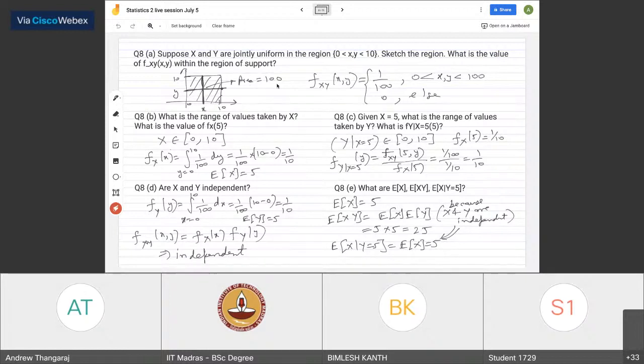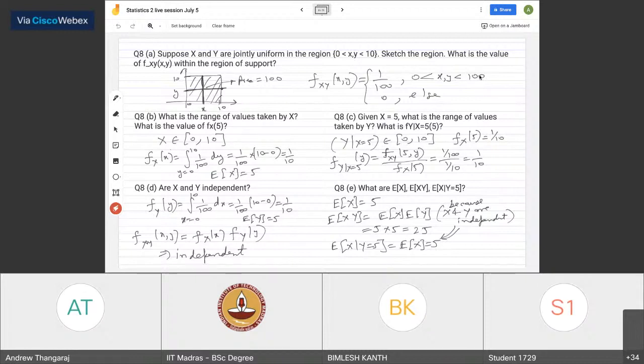Sorry, if I write like this, I think I was just being lazy. It's basically 0 less than X less than 10 and 0 less than Y less than 10. It's not X greater than 0 and Y less than 10. Sorry. It's X comma Y together, some shorthand notation. I was hoping it's clear.